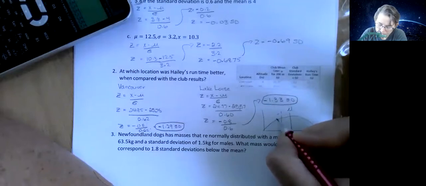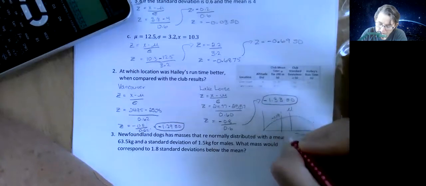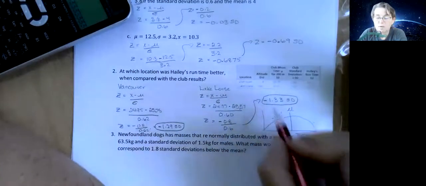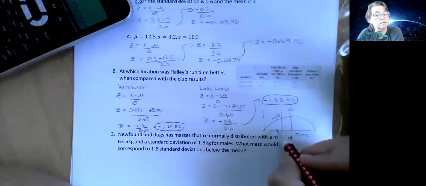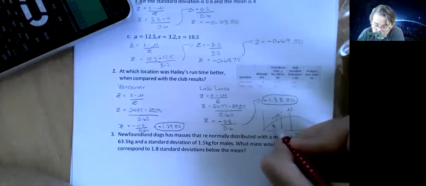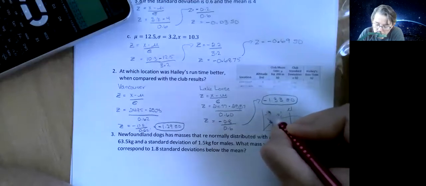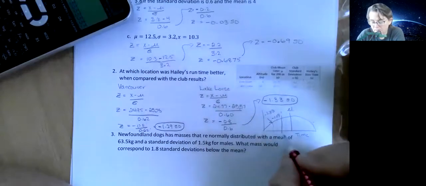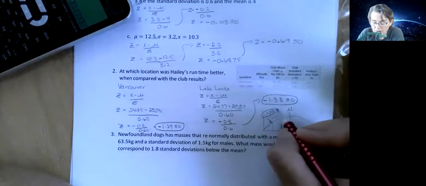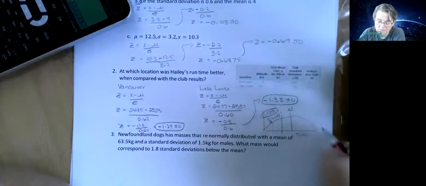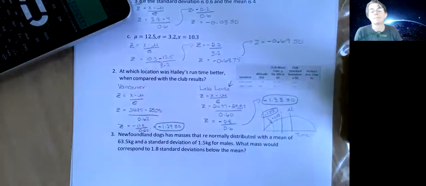So negative 1.29. Where would negative 1.33 go? Is it going to be on this side or this side? Oh, yeah, right. It's going to be here, more or less. Negative 1.33. So if we're looking at time and we want to be faster, then this is actually the faster of the two times. So she is faster in Lake Louise.